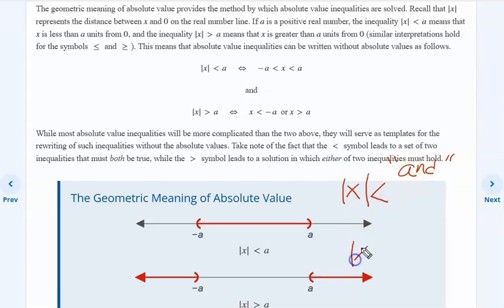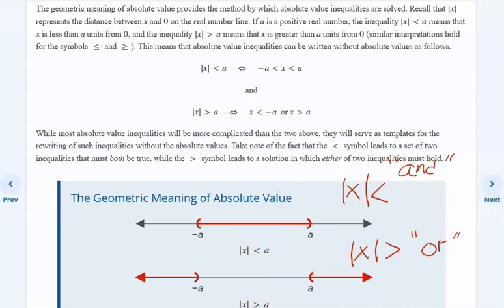And if you have x is greater than, you're going to have a condition that is an or, where either of two inequalities must hold. So reading this is important, and then seeing it as we have shown here.